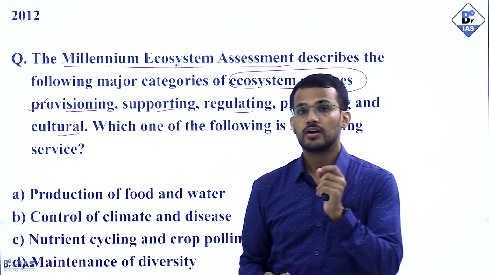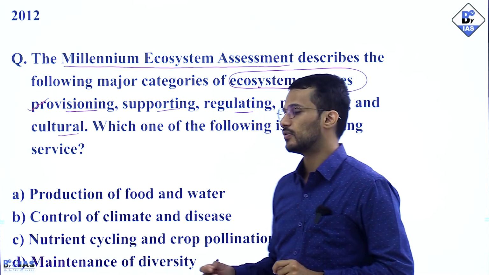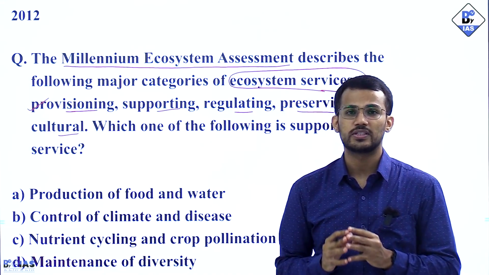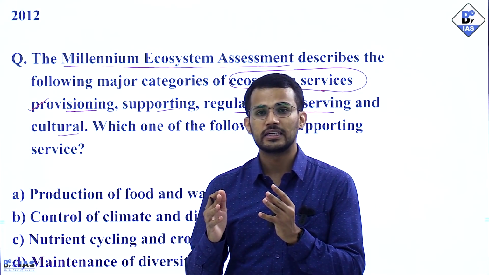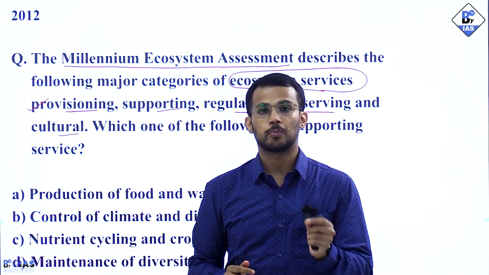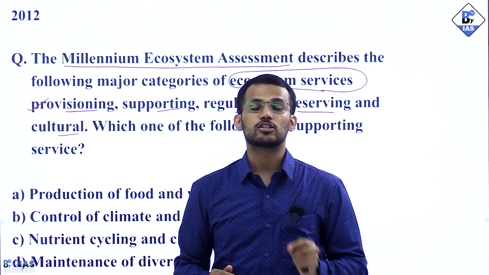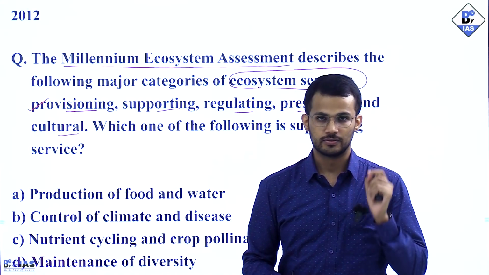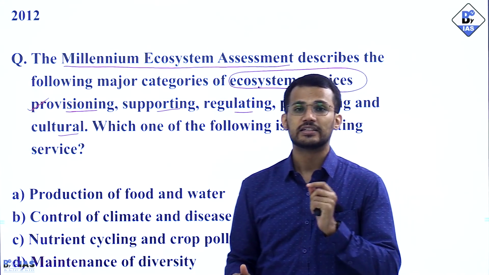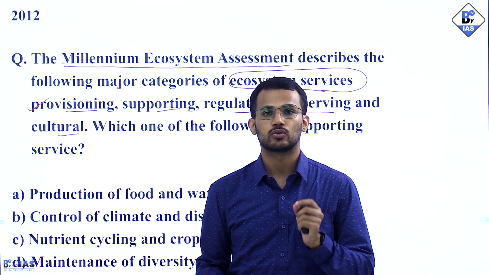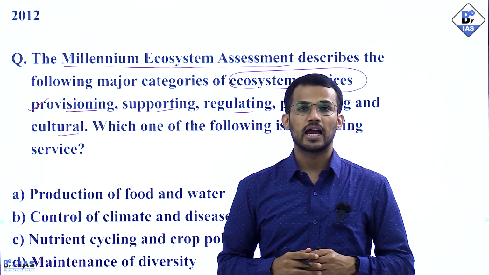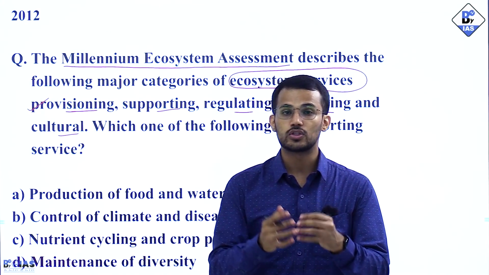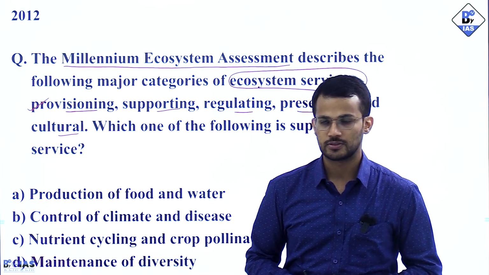This is the regulating service that we receive from nature. Preserving services are the important services based upon which important aspects of nature or environment are preserved. And finally, cultural services are those which make sure that the intangible benefits of nature are also enjoyed by human beings, right?